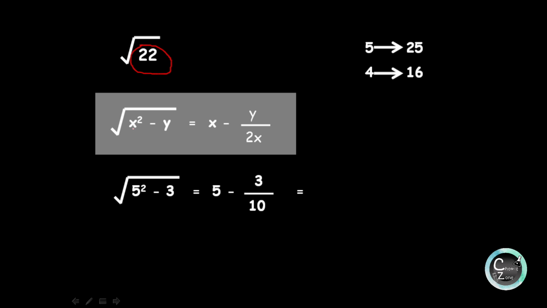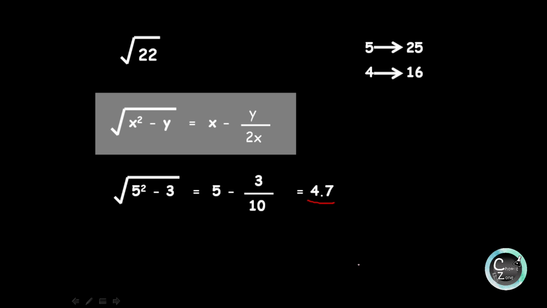So here x will be 5, sorry, not 25, x will be 5 and y will be 3. Putting 5 in place of x and 3 in place of y, we will get 4.7.